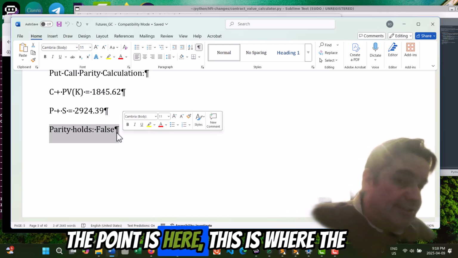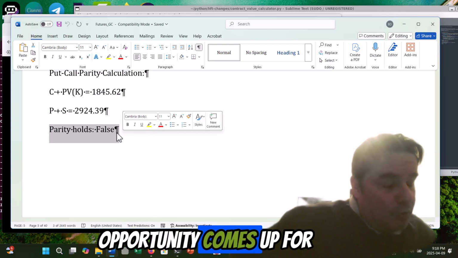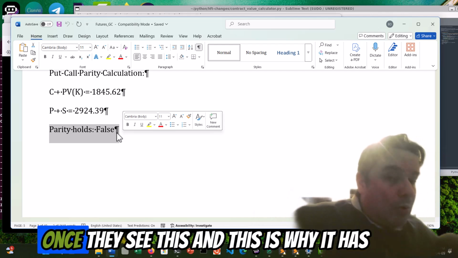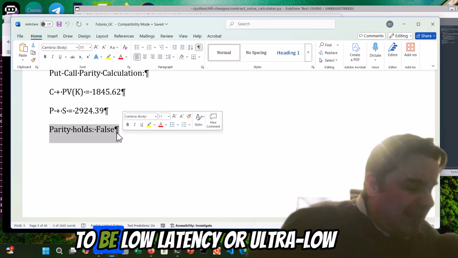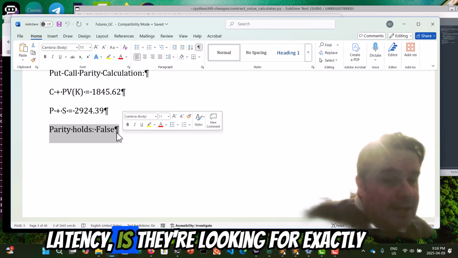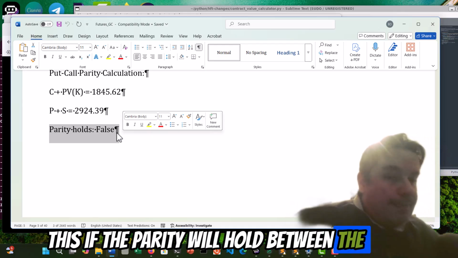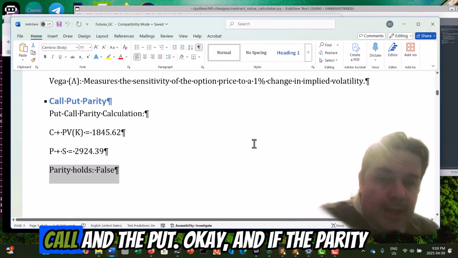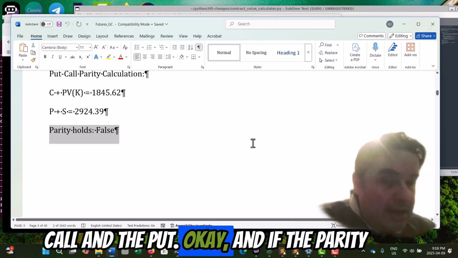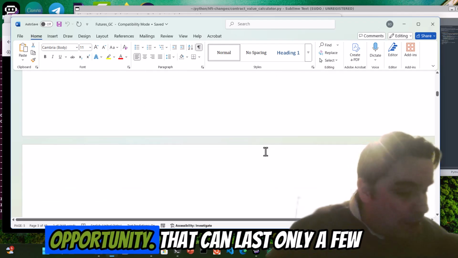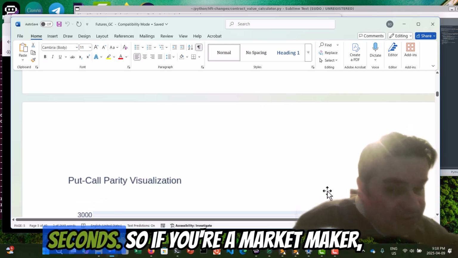But the point is here, this is where the opportunity comes up for high frequency trading operations. Once they see this, and this is why it has to be low latency or ultra low latency, they're looking for exactly this. If the parity will hold between the call and the put, okay, and if the parity does not hold, that signals now an opportunity that can last only a few seconds.